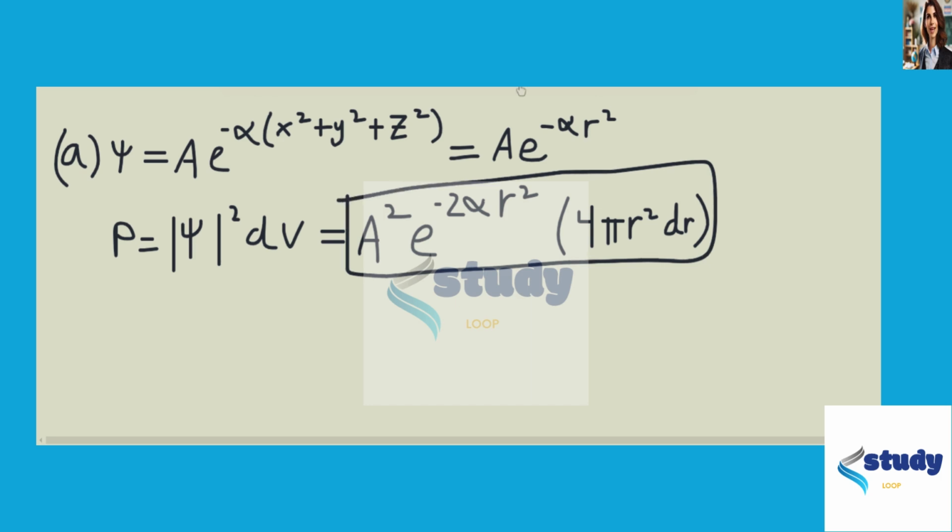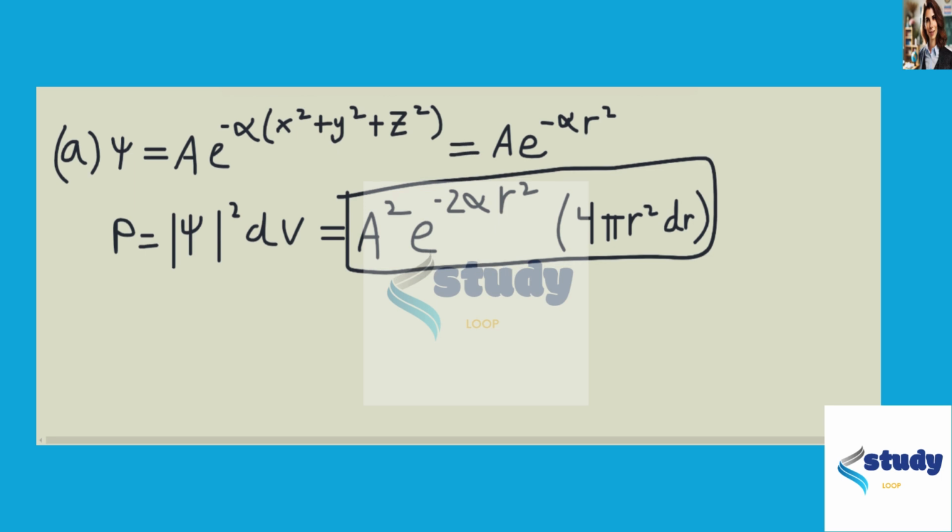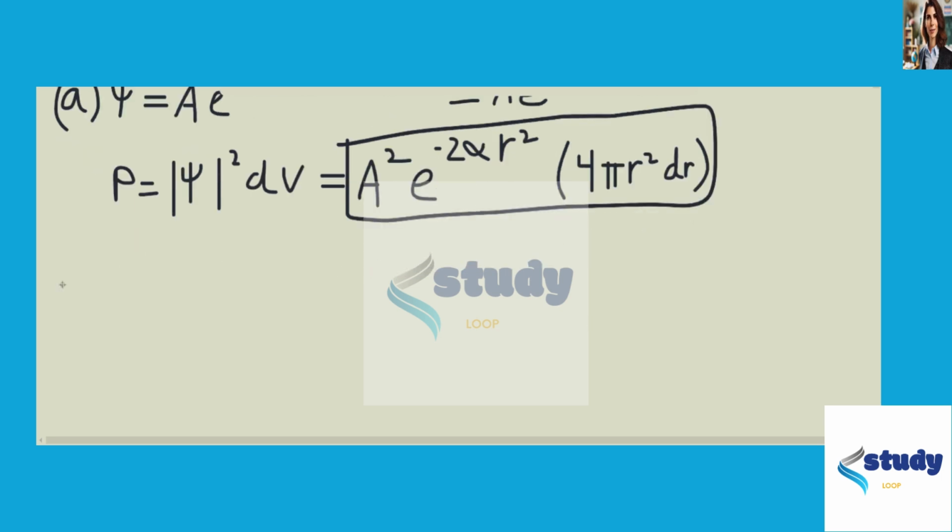Now, for part B, to determine what value of r causes the probability to be maximum, we want to recall that a function is at a maximum when the derivative of that function is equal to 0. So when dP/dr, the derivative of the probability with respect to r, is equal to 0, we're at a maximum value, so long as the second derivative is negative.